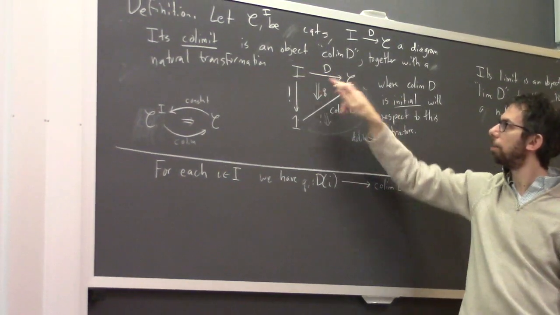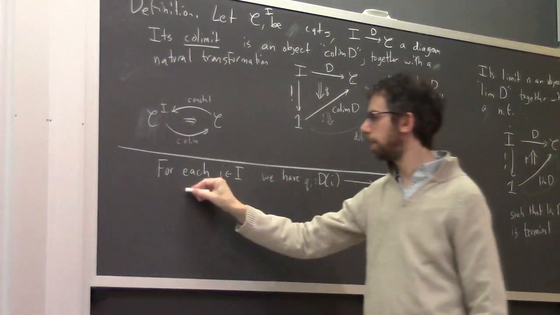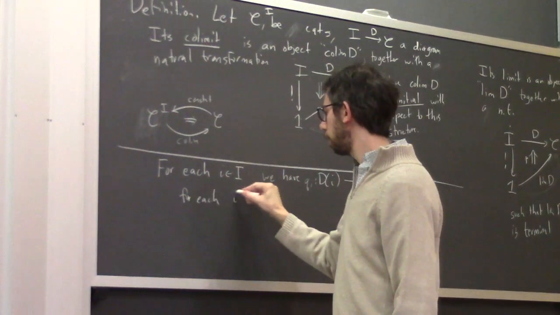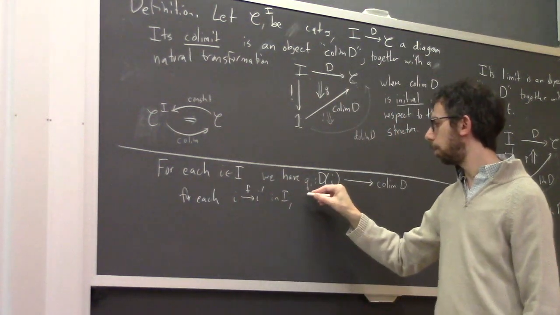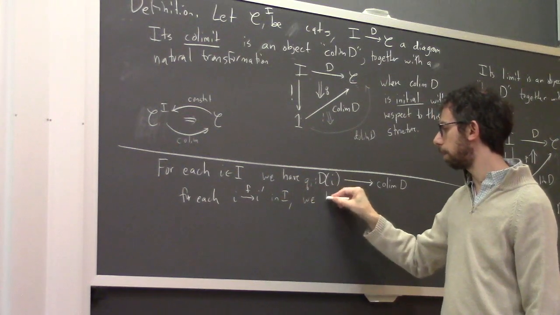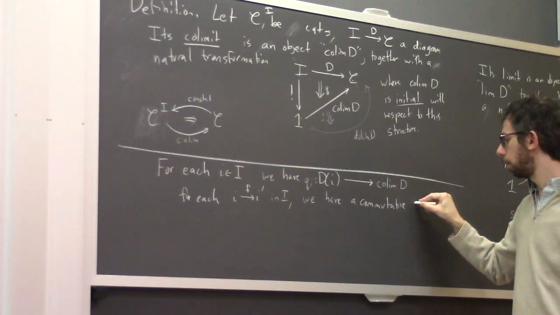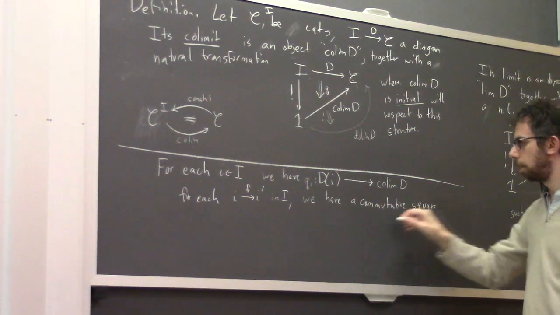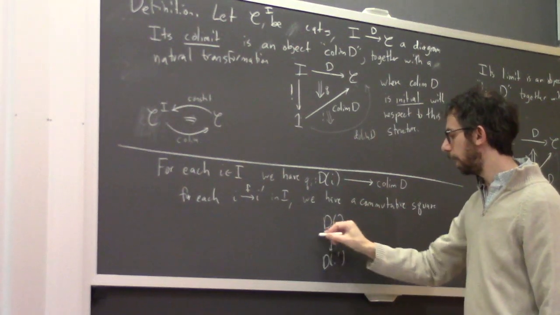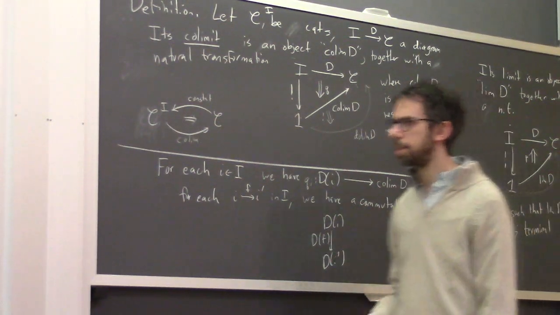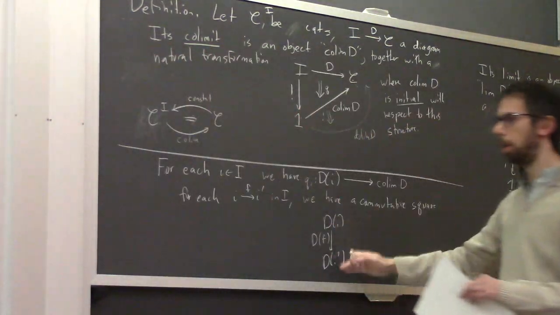For each object here, it goes from that thing to that thing. And if you have a map f from I to I prime in I, the diagram commutes. So what diagram commutes? We have D of I, we have D of I prime, and here the map is called D of f. It's something like x goes to 2 times x. That's what's happening right there.